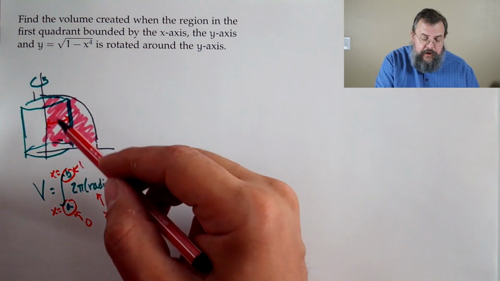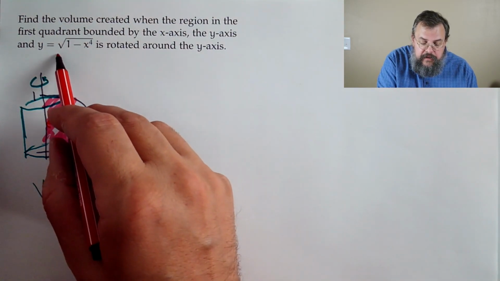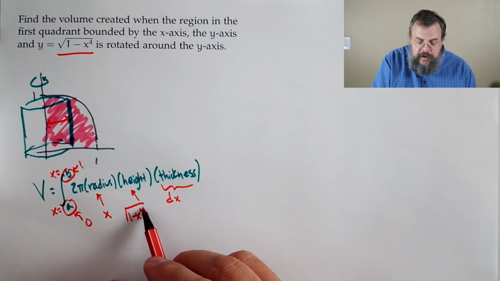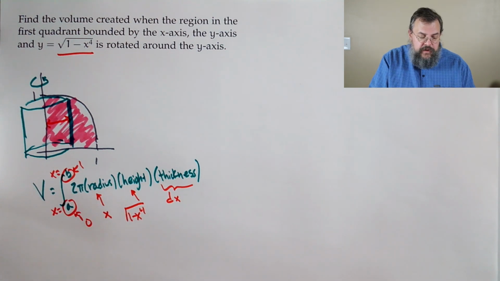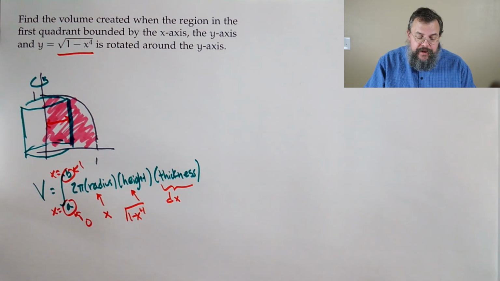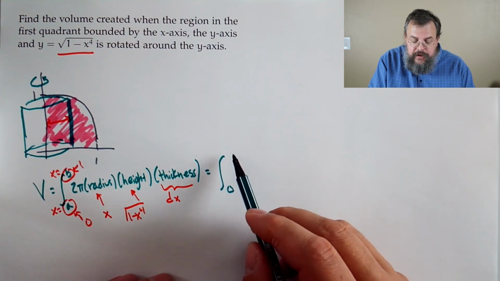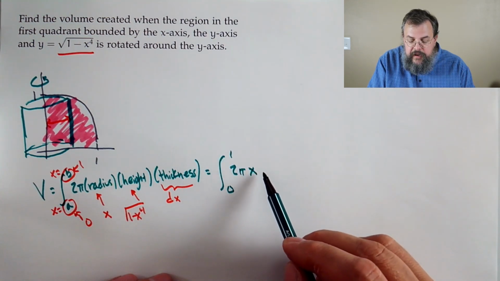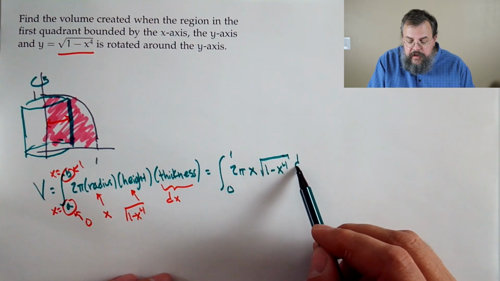Well, that's how high up and down we are. So the height is the square root of 1 minus x to the 4th. All right. So we put it all together and we get the following. This is equal to the integral from 0 to 1 of 2 pi x square root of 1 minus x to the 4th dx.